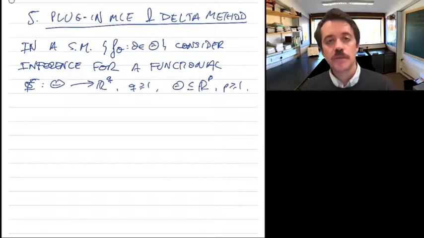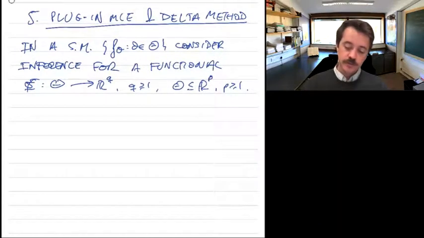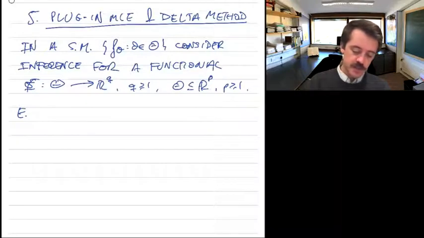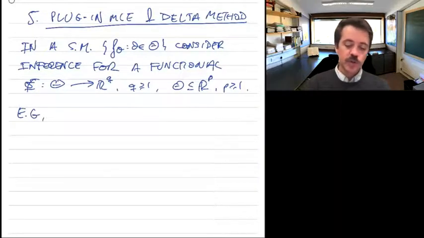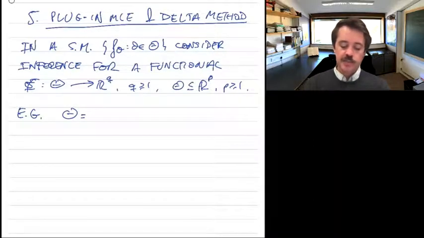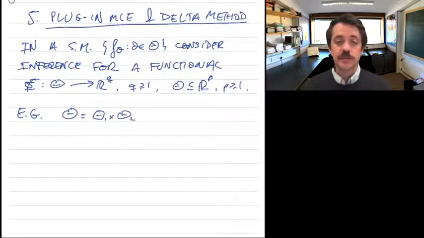We could give an example of this case, a very simple toy case, which is when we're not interested in the whole parameter, but rather just part of it. So suppose that we can express this capital Theta as the product space between two parameter spaces, capital Theta 1 and capital Theta 2.